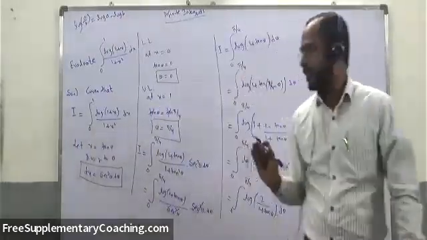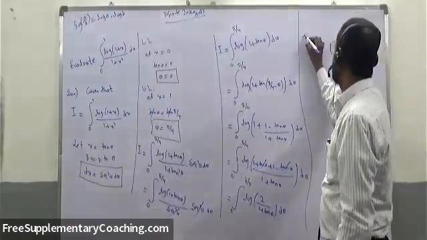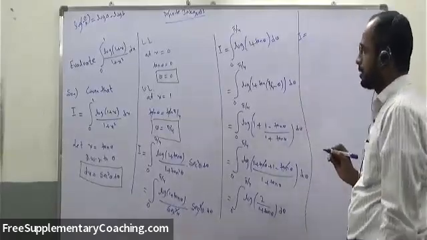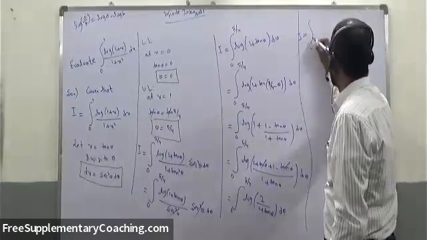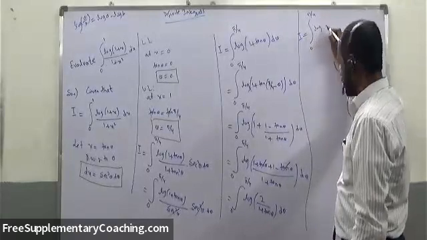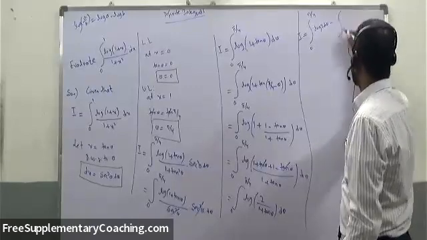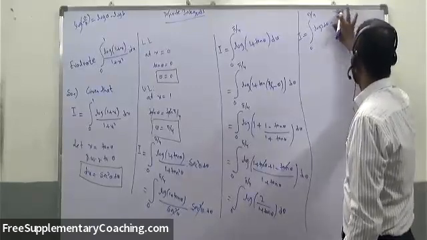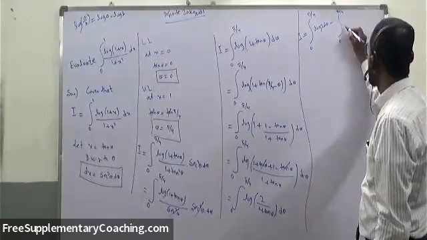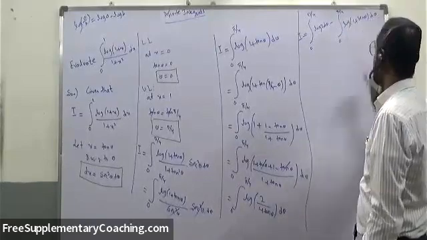So what I'm getting, in LHS we have I. Integration of 0 to pi by 4 log a, that is log 2 into d theta, minus log b. Just separating integration, pi by 4 log 1 plus tan theta into d theta.